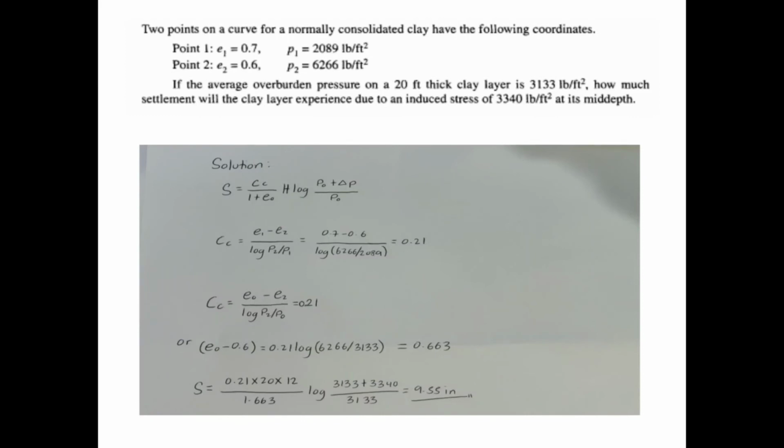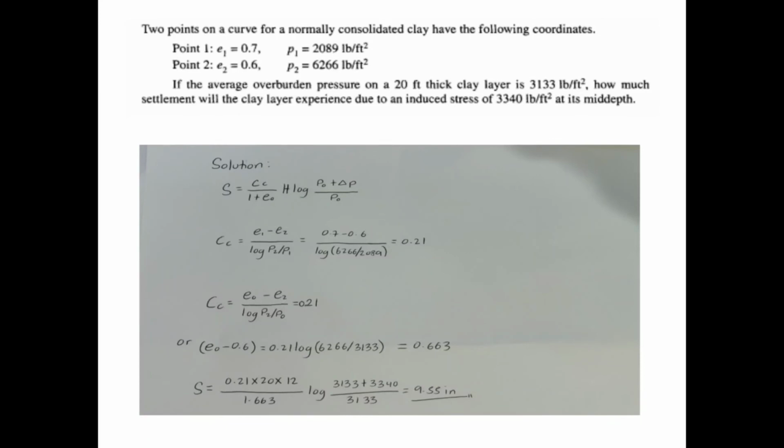So to get the settlement, the formula for settlement equals compression index over 1 plus void ratio times thickness times log of average effective stress plus average increase of effective stress over average effective stress.